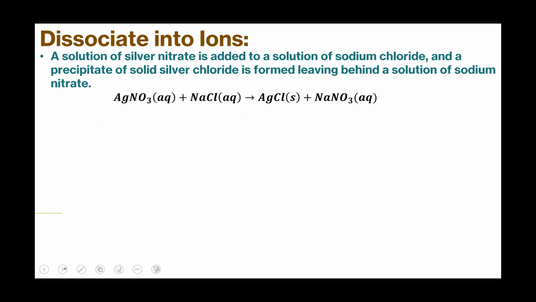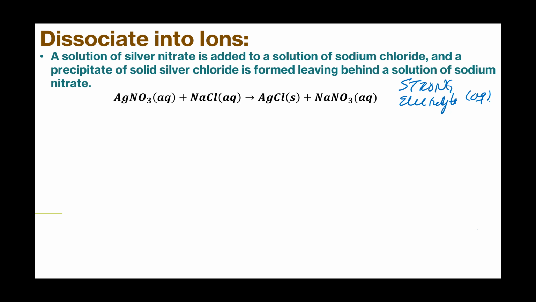Okay, so here's our equation written more nicely. We want to dissociate this into ions. When we do this step, every strong electrolyte that is aqueous should dissociate into ions.